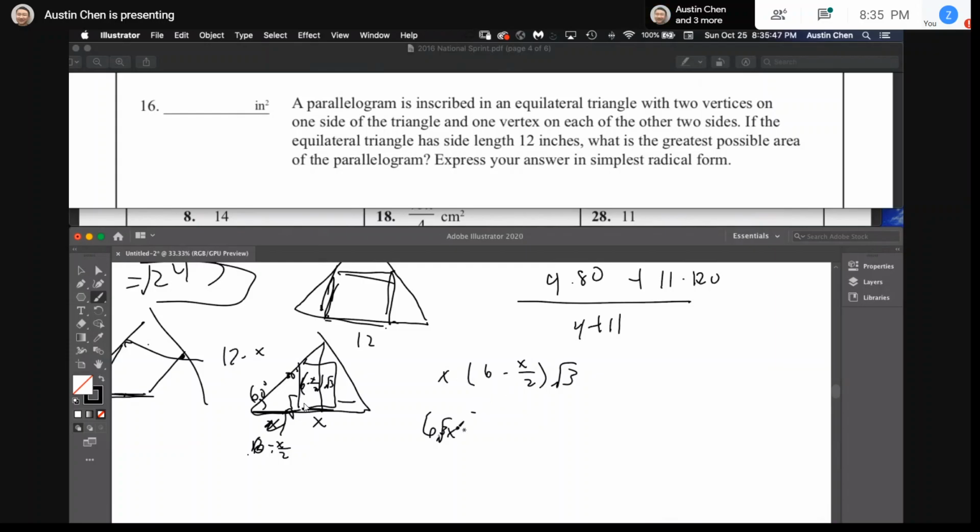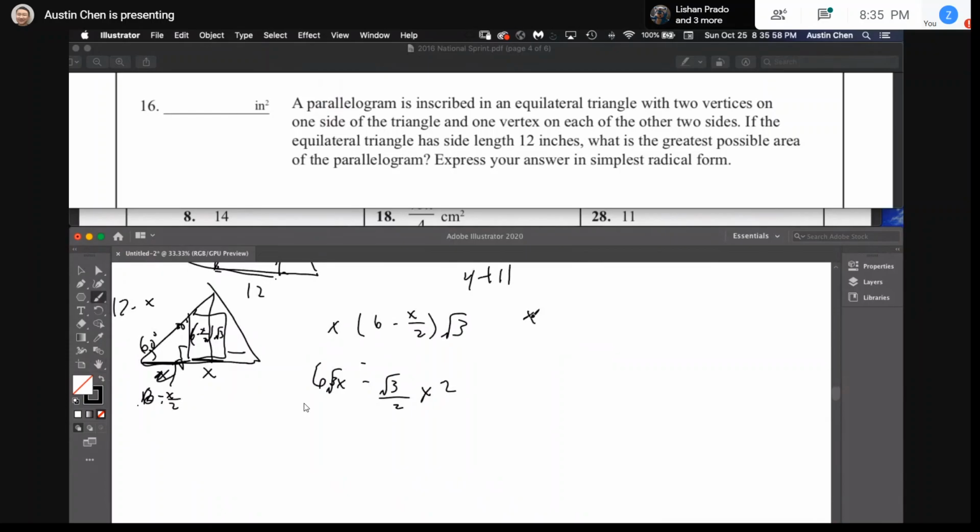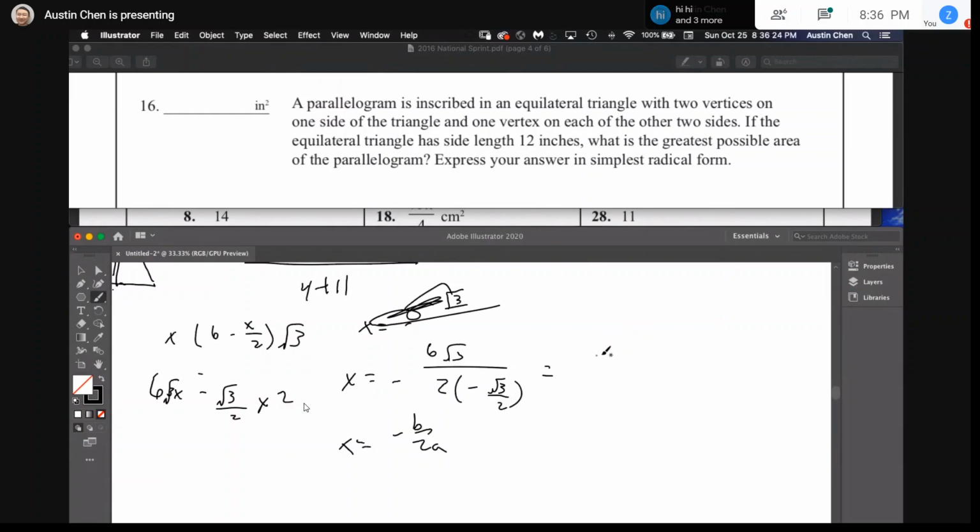If we expand this, we have 6 root 3 times x minus root 3 over 2 times x squared. The x of the vertex is negative b over 2a, which is negative 6 root 3 over 2 times negative root 3 over 2. This is equal to 6.